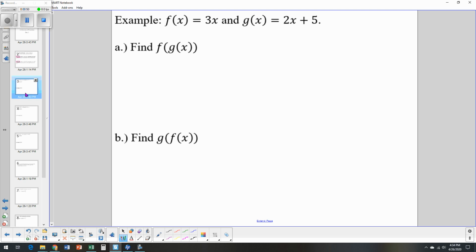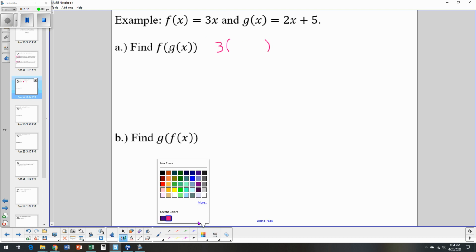We have f of x equals 3x and g of x equals 2x plus 5. So I'm going to find f of g of x. I'm going to take the function that is f of x, that's 3 times x. But instead of putting the variable, I'm going to put parentheses. So this function is 3 times parentheses.